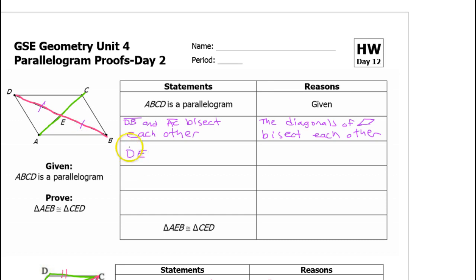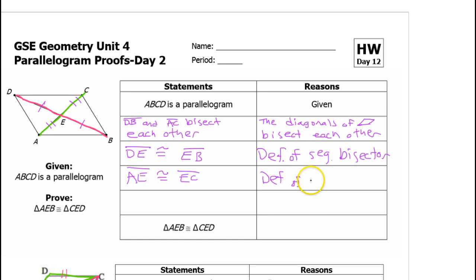So DE is congruent to EB. And that's just a definition of segment bisector. Okay, and at the same time, I can say that AE is congruent to EC. For the same reason, definition of segment bisector.